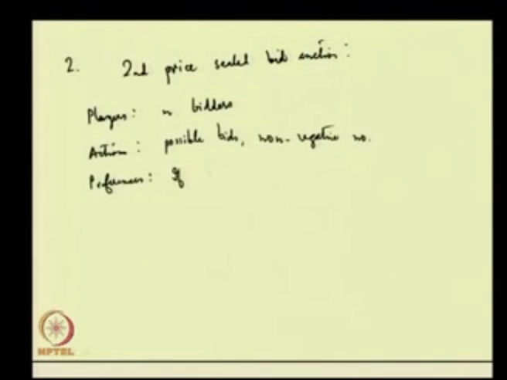If b_i is greater than b bar, where b bar is the highest bid of the other players, then the payoff of player i is equal to v_i minus b bar.